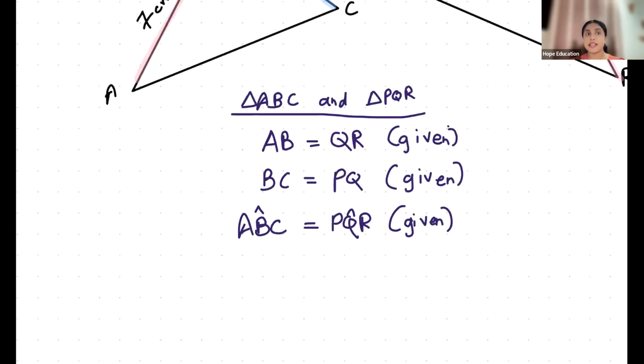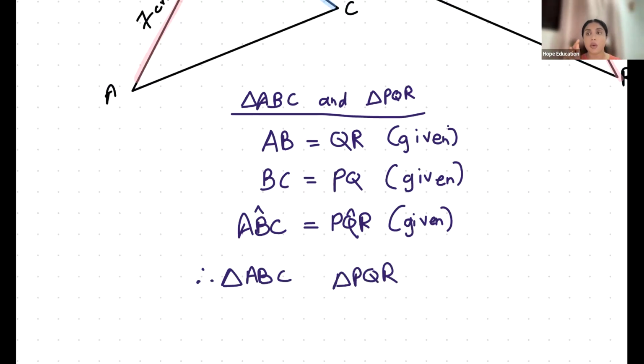Now, two sides of this triangle are equal to two sides of the other triangle. The included angle of this triangle is also equal to the included angle of this triangle. Therefore, I can say the two triangles are congruent. Triangle ABC and triangle PQR are congruent.